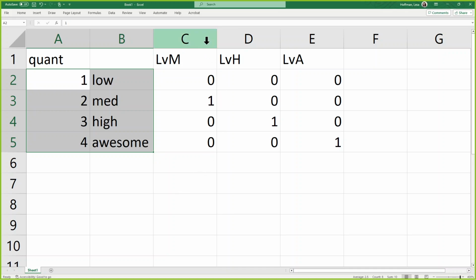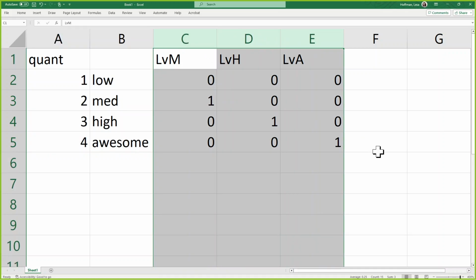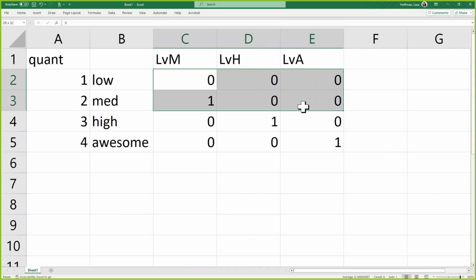The answer is 3 simultaneous but separate binary regression models. That's it. And how we set up the zeros and ones essentially tells us what the model is predicting.